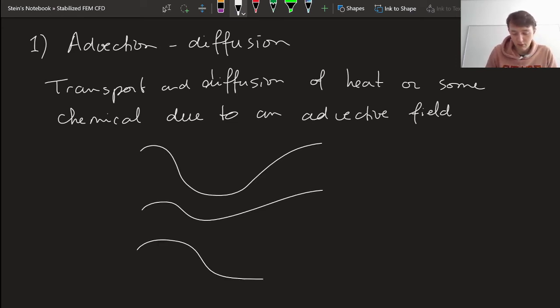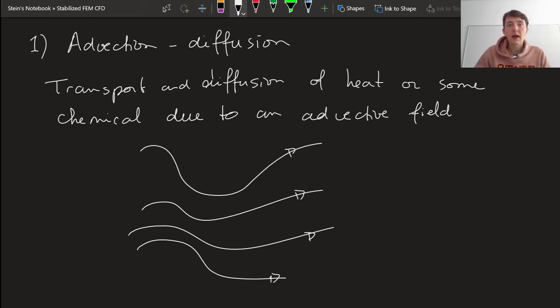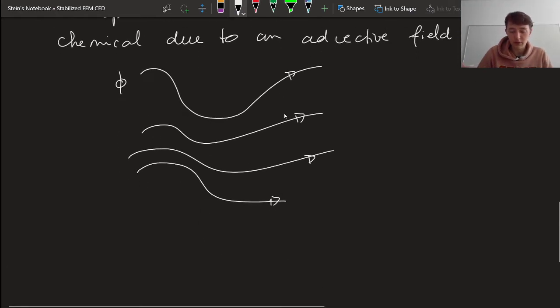So I'm drawing here some arbitrary combination of velocity lines. And some chemical or heat is transported and at the same time diffused. So we're going to represent our temperature or our heat concentration or our chemical concentration with the symbol phi. And then these lines represent the velocity for which we'll use u.